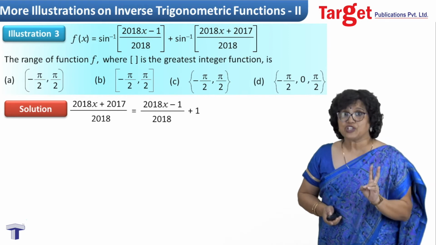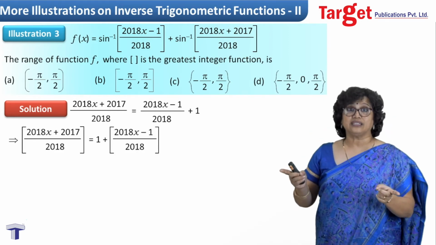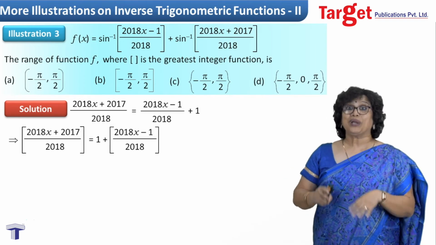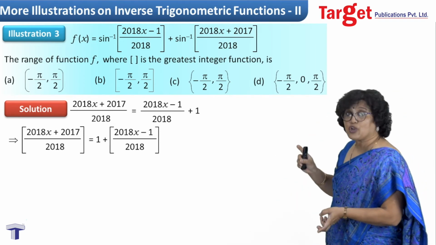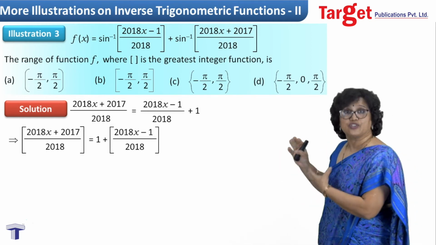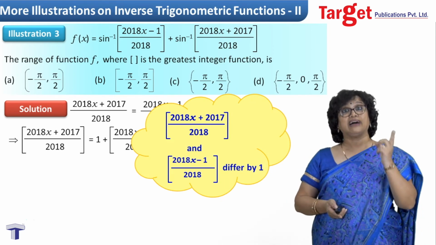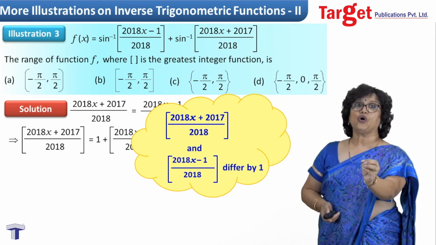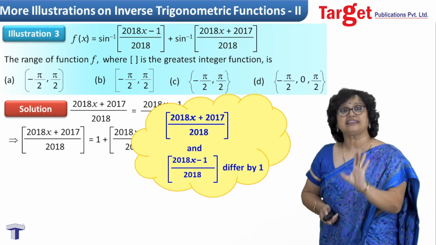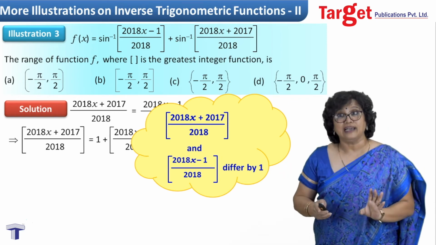So there is some relation between those two quantities, and hence their greatest integers, you can very well write, greatest integer of one part is equal to 1 plus greatest integer of the other. That means basically their greatest integers differ by 1, and that is the hint of the problem, and that simplifies everything, and now the length of the problem is reduced almost to nil.